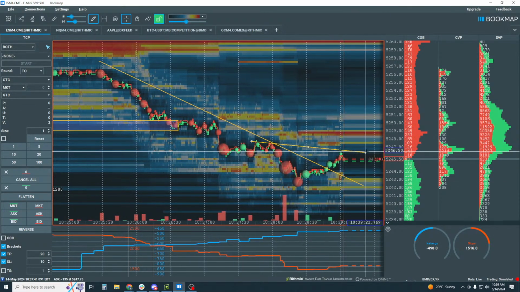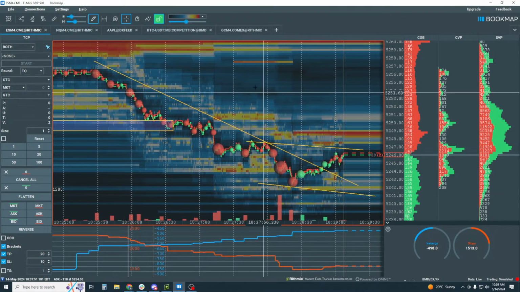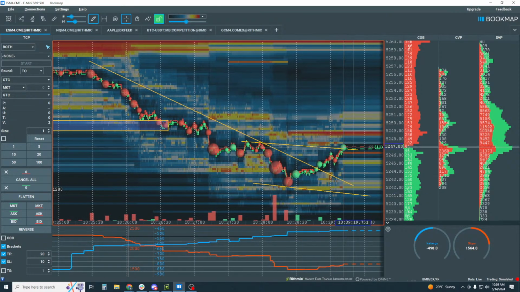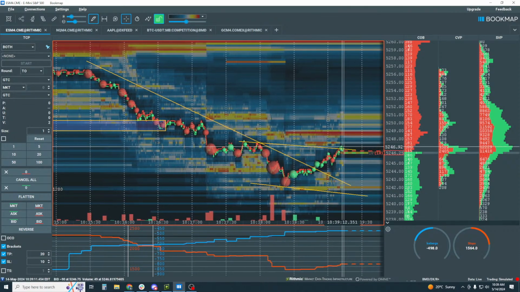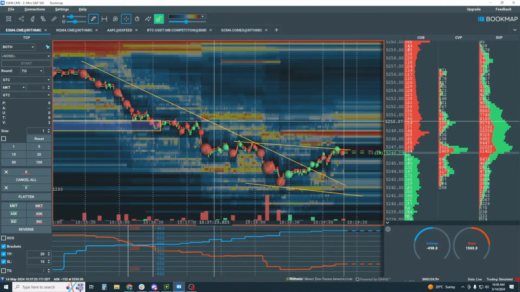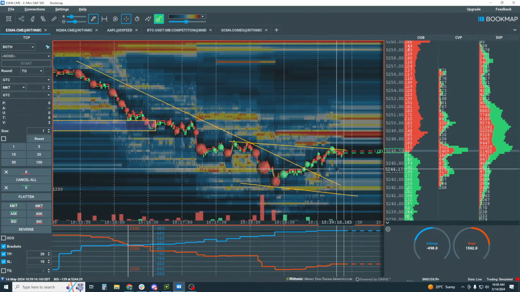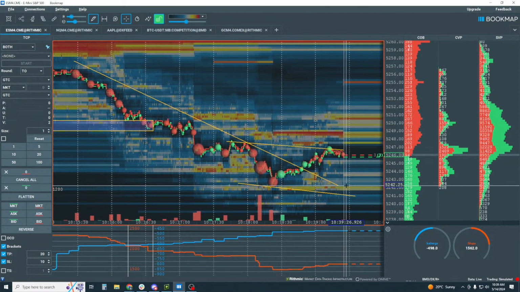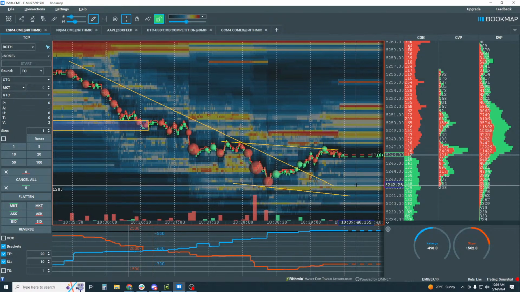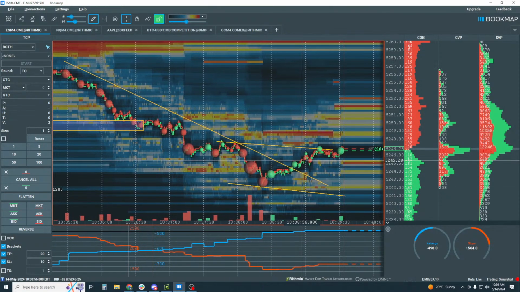And then we're looking for now kind of maybe a shift in that trend. Okay, so maybe it's still making lower highs and lower lows, but we're starting to see like these pockets of buying coming in, and it kind of shifts into not a steep downtrend, but a more shallow one. And then we look for liquidity at a higher level, which we're already seeing in here on the bid. And we're looking for these buyers to start to come in.